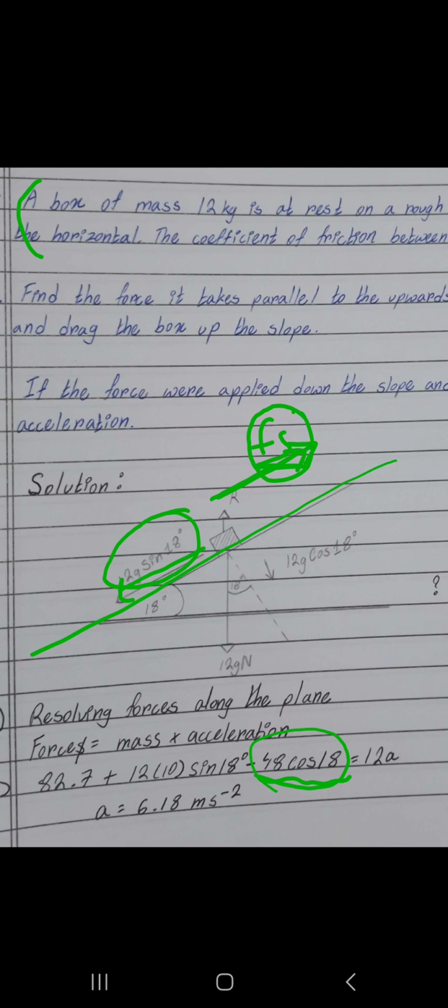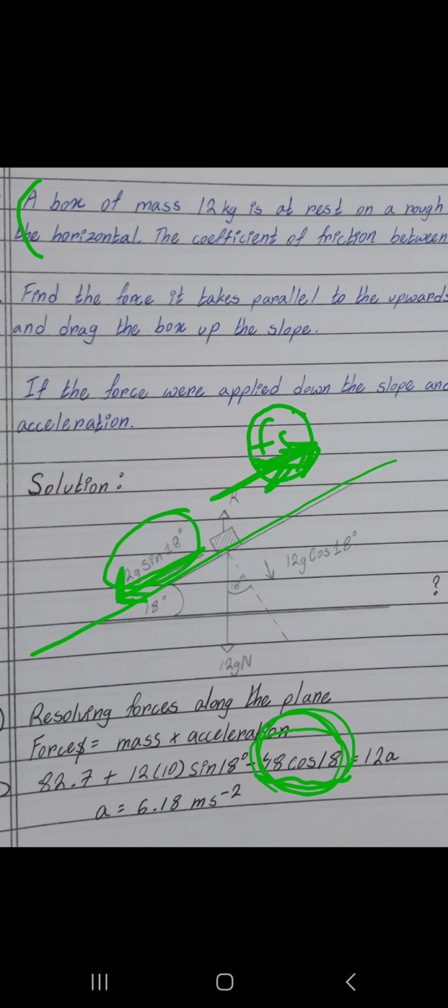Because when you apply a force which is smaller than this number, which is actually the maximum static friction force we have, the static friction actually adjusts itself to hold the equilibrium.